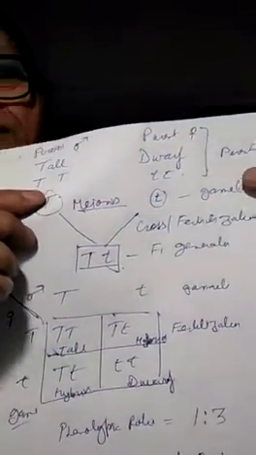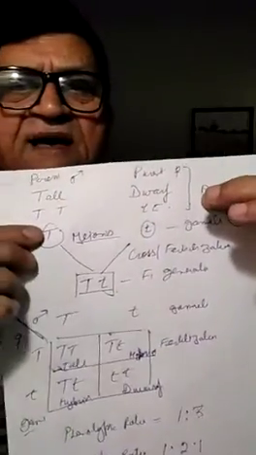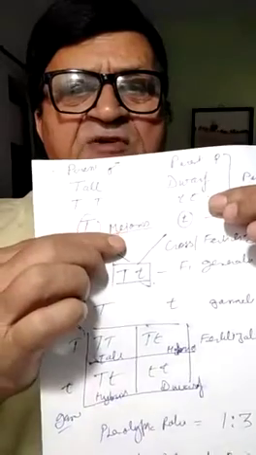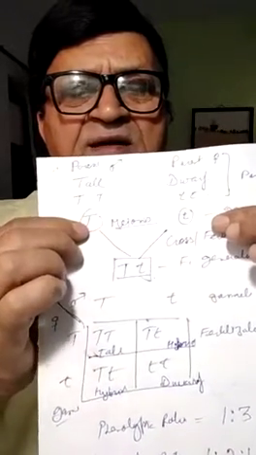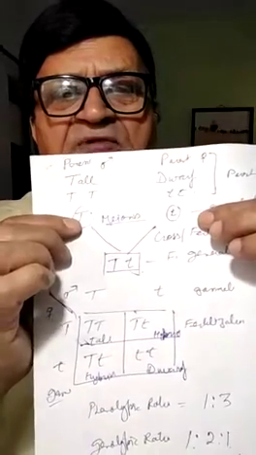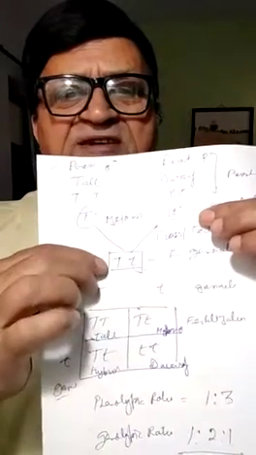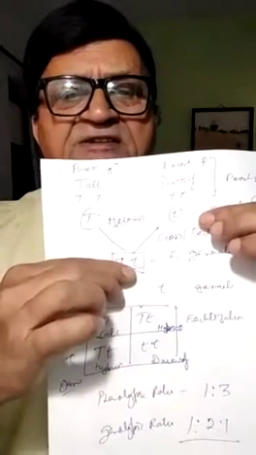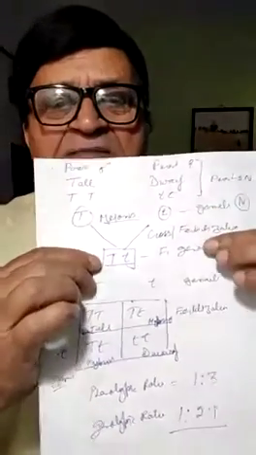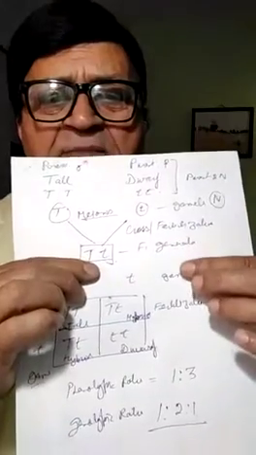He took tall plant and dwarf plant, capital T tall plant and small t dwarf plant. After meiosis, the gametes were formed, the chromosomes became half, and with fertilization, the first generation is capital T, small t. The first generation is hybrid tall. All plants are hybrid tall.